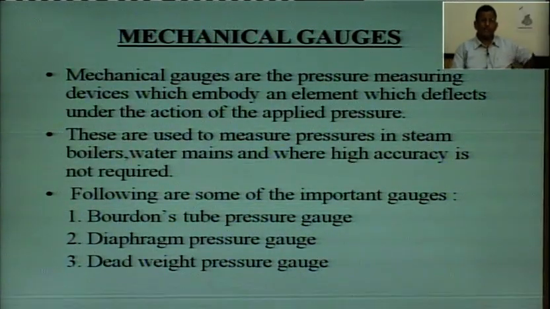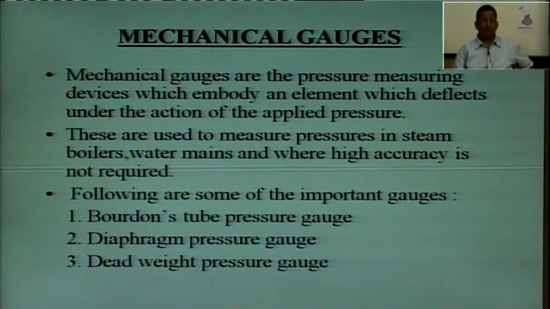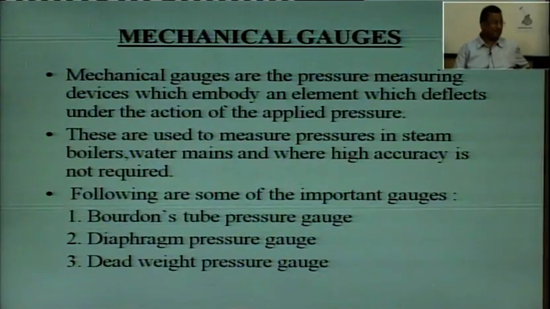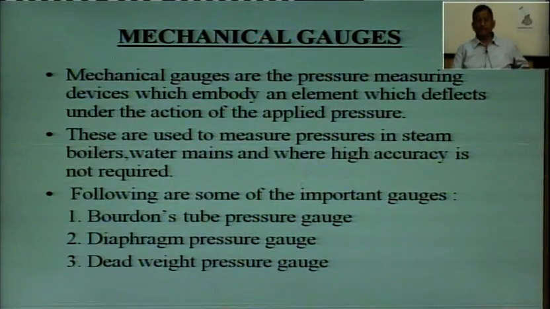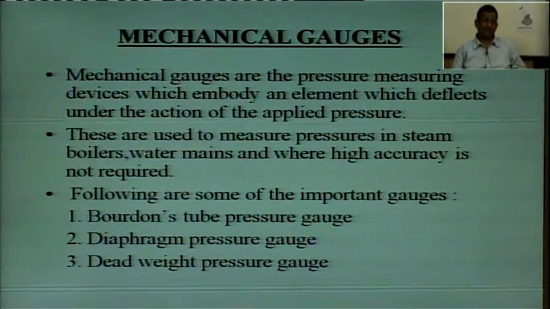These are used to measure the pressure in steam boilers, the boilers in industry that are used for steam, and in water mains in pipes, where high accuracy is not a major consideration.